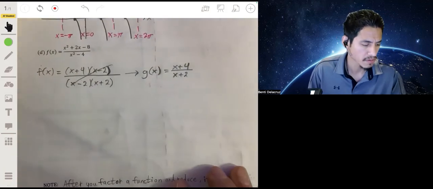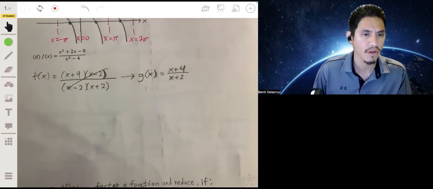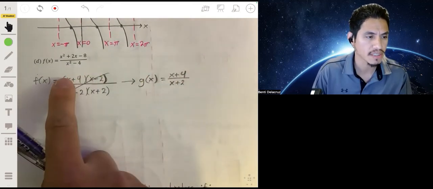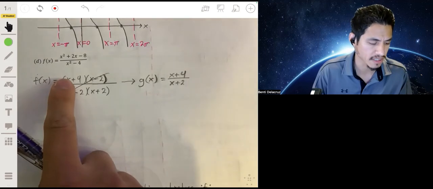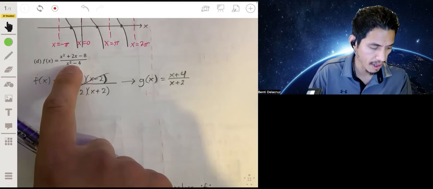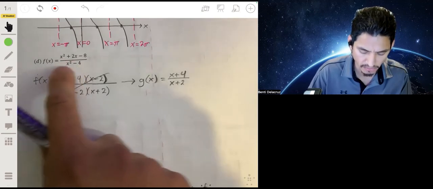So if you remember what we did a lesson or two ago, this function is going to be identical to this one. The graph of g of x is identical to the graph of f of x, except for the values at x equals 2 and negative 2, because at those points it's undefined, remember.